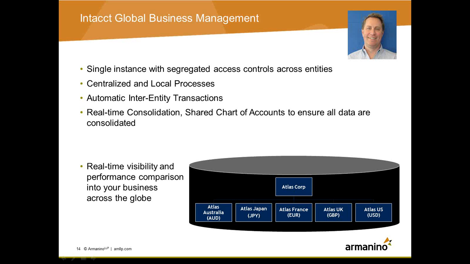Think about how you automate and expedite the process around accounts payable: having all of your AP pushed into one centralized location, having one accounts payable department process the transactions regardless of which entity it is, and having the capability to process it, manage it, and move it forward is very valuable to a lot of our clients.